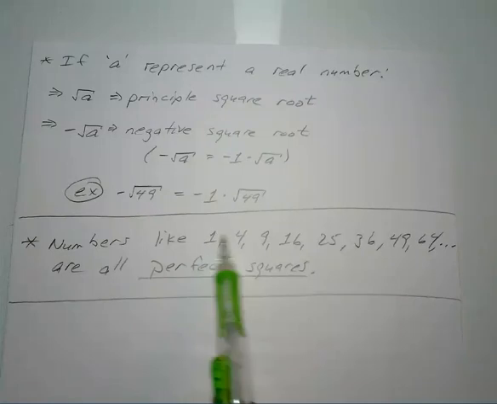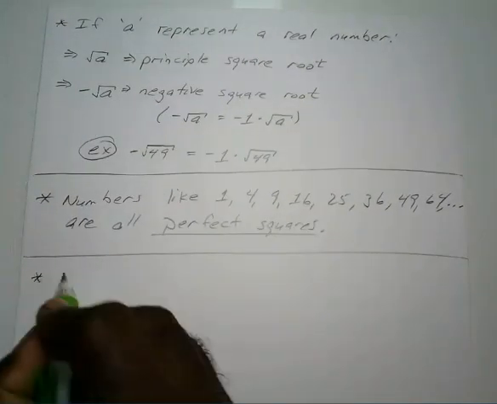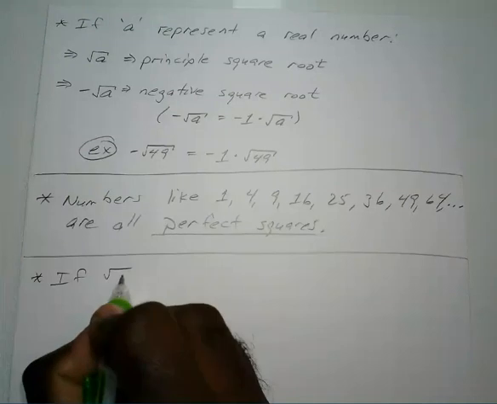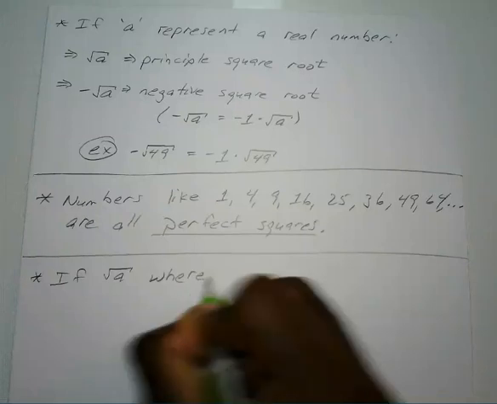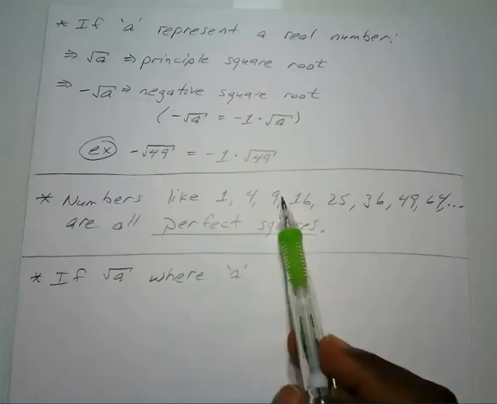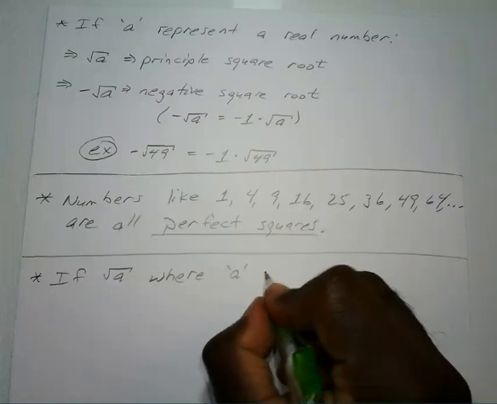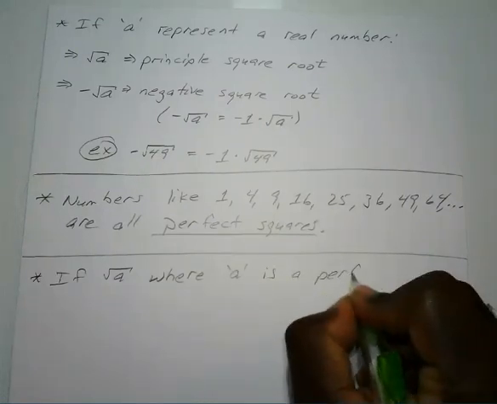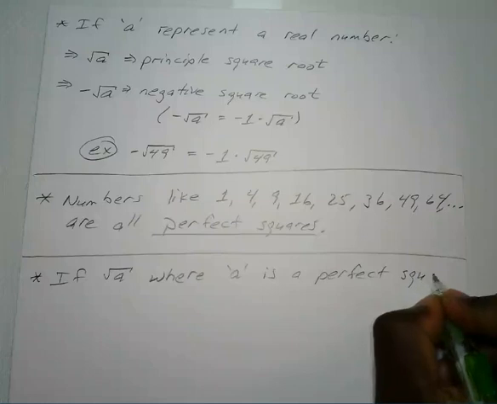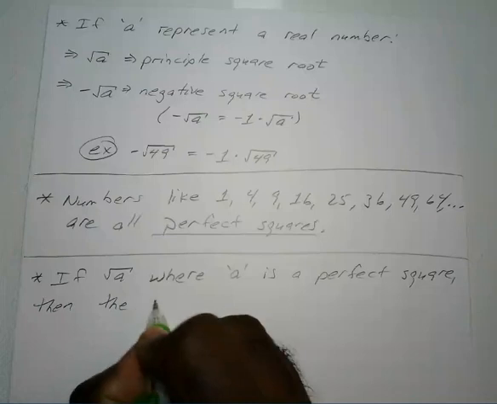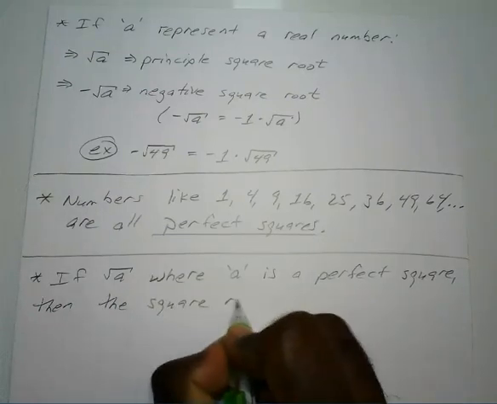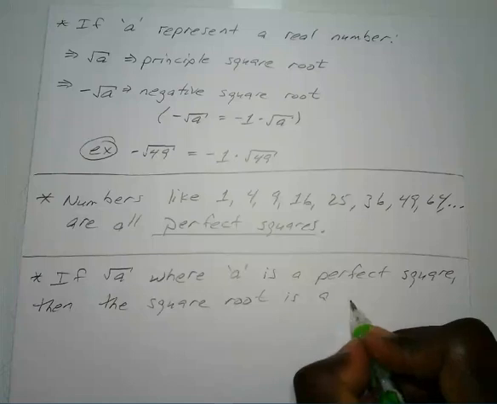Now, if you have the square root of those perfect squares, then your answer will be what we call a rational number. So if you have the square root of a, where a could be any one of those perfect squares, then the square root is a rational number.